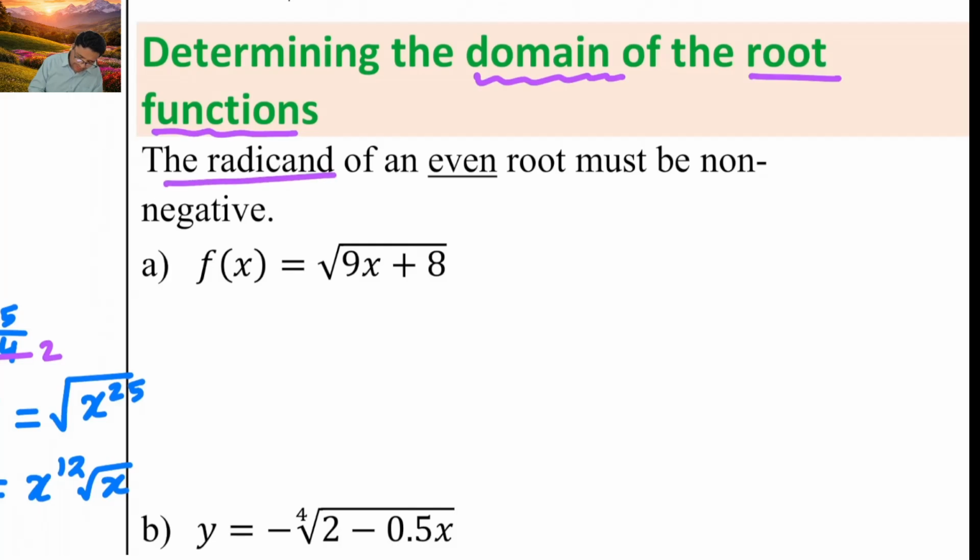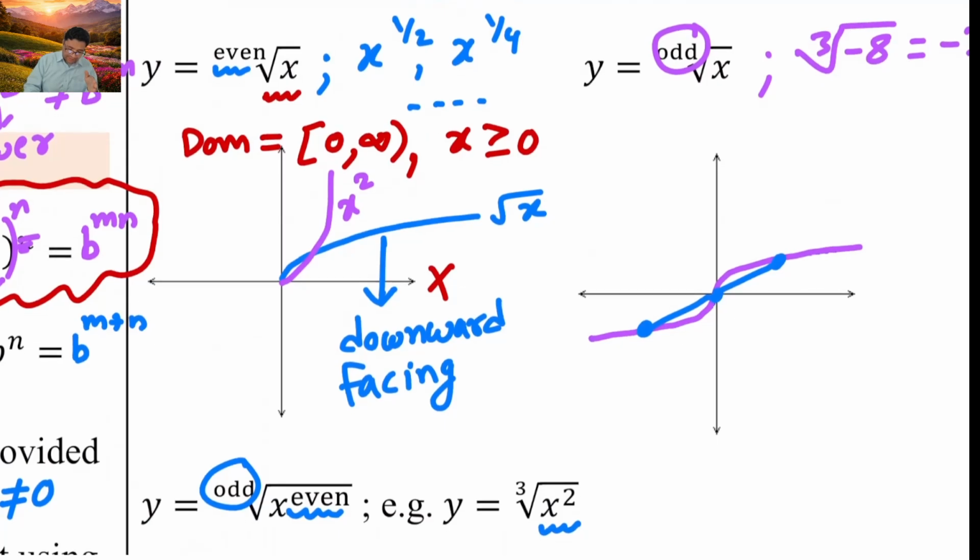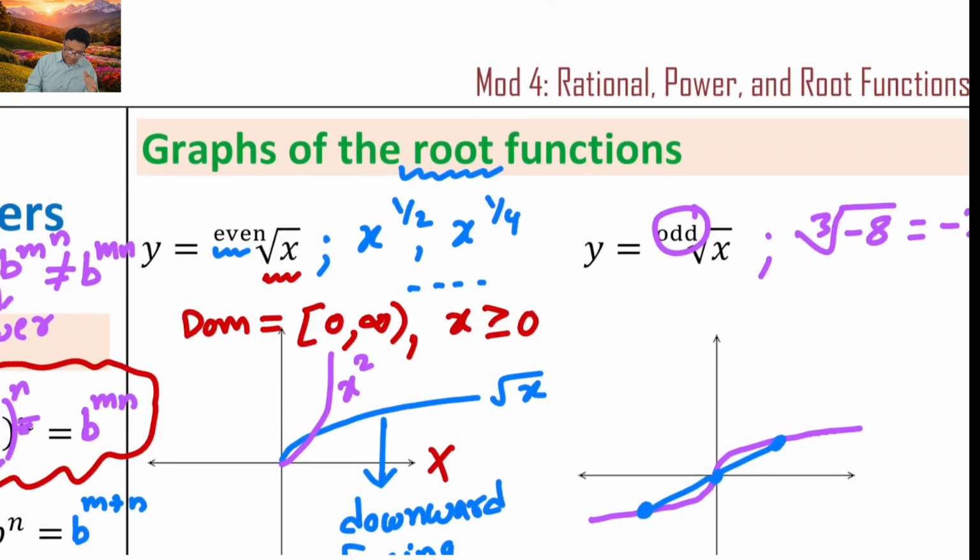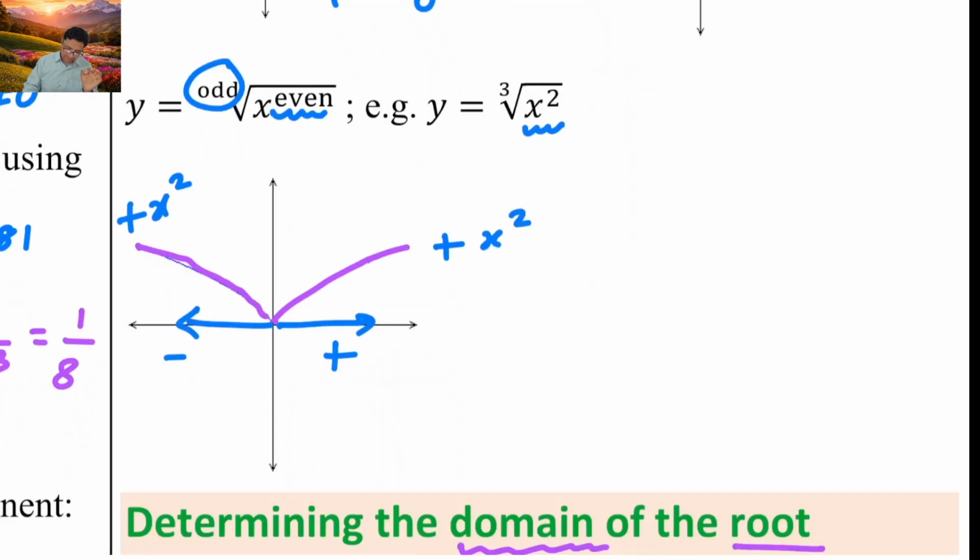The radicand of an even root function must be non-negative. Radicand is the quantity under the radical sign. That must be non-negative. Just as we already said earlier for the graph of under root of x, we said that the domain is x equal or greater than 0. Now apply that to a general function.